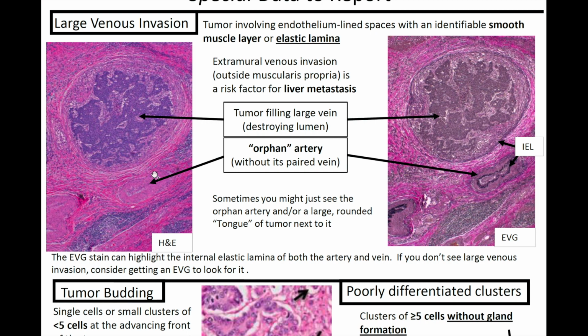that could be an indication to maybe get this stain, the EVG stain, which can highlight the internal elastic lamina of both the artery and the vein. And if you don't see large venous invasion, consider getting an EVG to look for it. So it can be tough to see LVI, lymphovascular invasion, or large venous invasion.